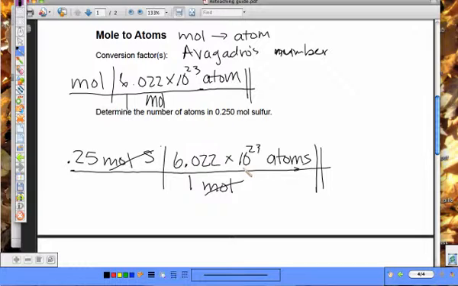And then parentheses again. And that should show you that number. And then for this one, you'd multiply by 0.25. So you should get 1.51 times 10 to the 23rd atoms. Sulfur.